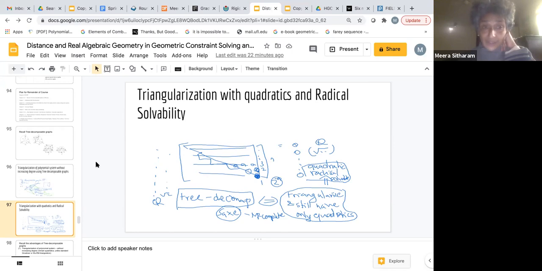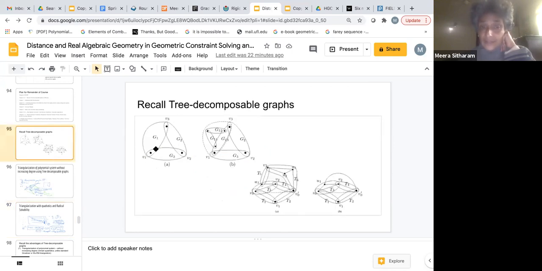But for these particular examples, these distance constraint systems, if you input the original graph, the constraint system corresponding to the graph, so here, for example, is the actual graph with the edges and so forth, and you have distances there, and you wrote the polynomial system down, the triangularization actually ends up preserving the degree. It doesn't bump up the degree like the Gröbner basis or other methods would do.